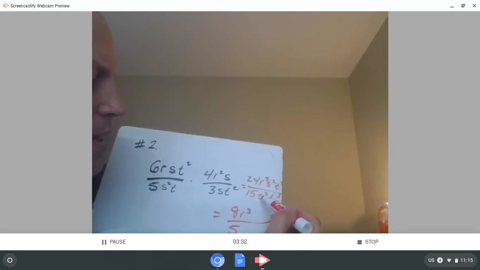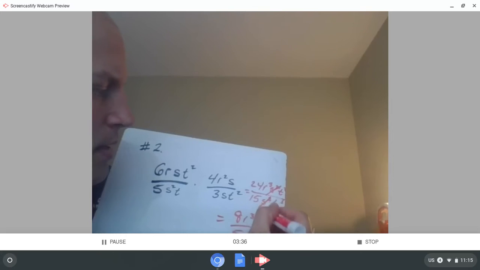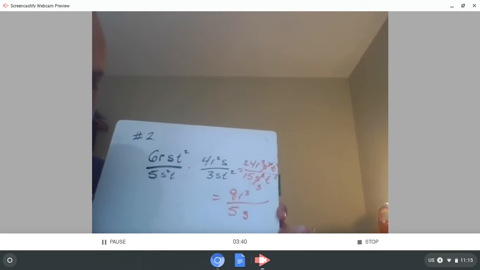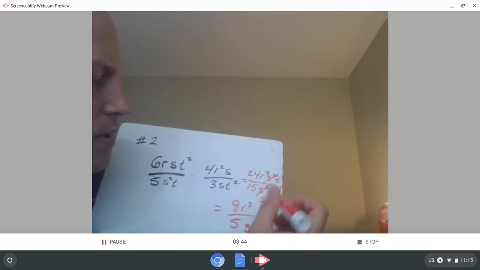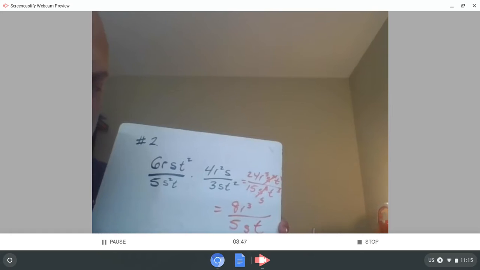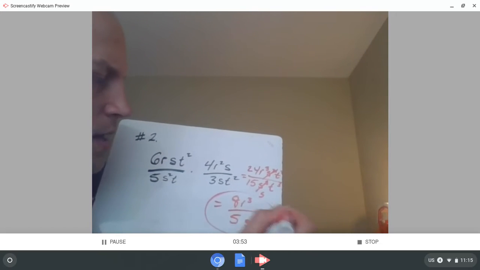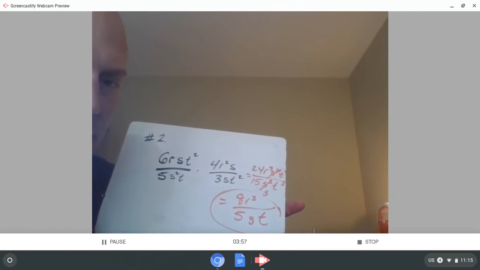There's 2 s's and 3 s's, so I reduce that and it leaves me with an s on the bottom. There's more s's on the bottom, so you have to make sure it stays on the bottom. And then we have t squared, t cubed. There's more t's on the bottom, so the t stays on the bottom. So the final answer is 8r cubed divided by 5st. So I'm giving you 2 different ways to do that one. It's kind of whatever you want to do.